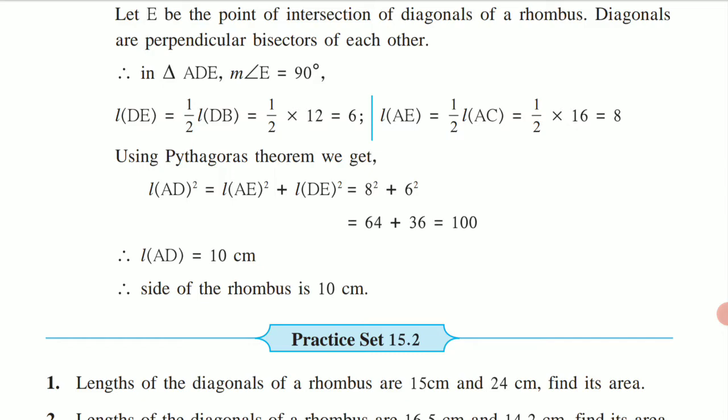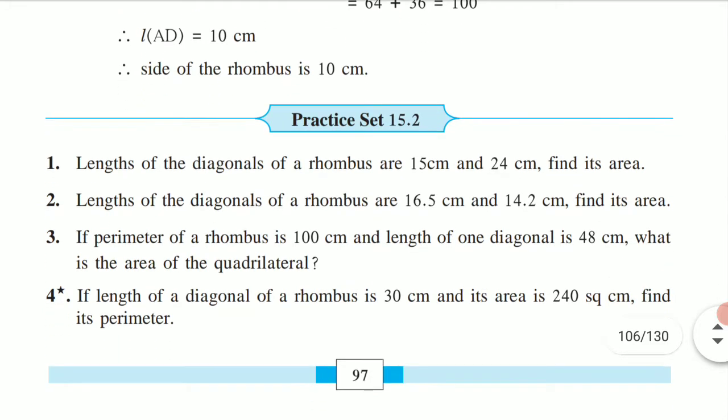Length AE is equal to 1 upon 2 length AC is equal to 1 upon 2 into 16 is equal to 8. Using Pythagoras theorem, we get length AD square is equal to length AE square plus length DE square is equal to 8 square plus 6 square is equal to 64 plus 36 is equal to 100. Therefore, length AD is equal to 10 centimeter. Therefore, the side of rhombus is 10 centimeter.